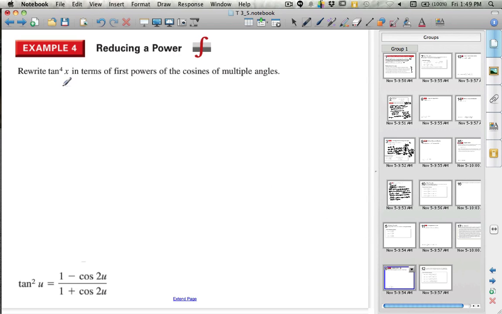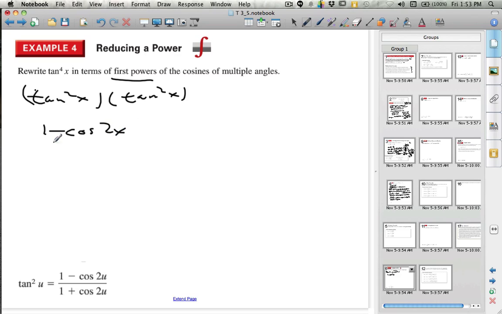If I want to rewrite tangent to the 4th x in terms of first powers of cosines, the first thing I would want to do is factor it into tangent squared x times tangent squared x. And this is going to be 1 minus cosine of 2x over 1 plus cosine of 2x, multiplied times itself, right?